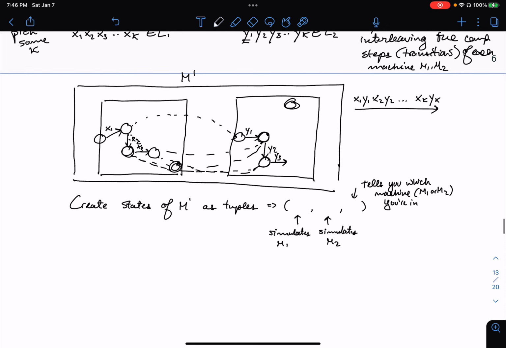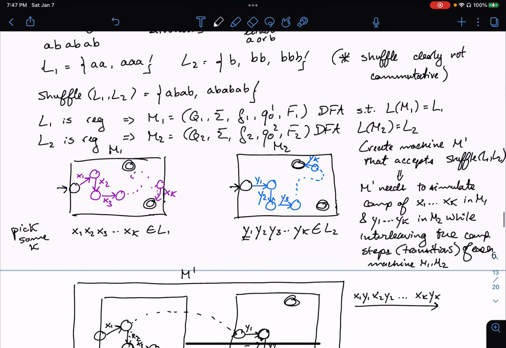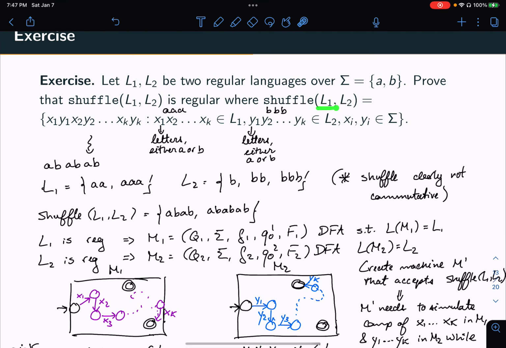So what I mean by that is, at the start, I begin my computation in the initial states of my machines M1 and M2, and I start the computation at the machine M1, right? Why the machine M1? Because it's shuffle L1, L2. So the X1 comes first.